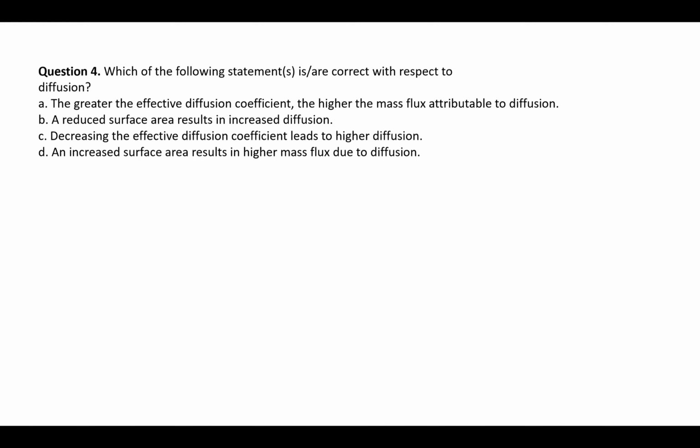Option B is, a reduced surface area results in increased diffusion. C is, decreasing the effective diffusion coefficient leads to higher diffusion. Or D, an increased surface area results in highest mass flux due to diffusion. Again, I will give you all 4 minutes.